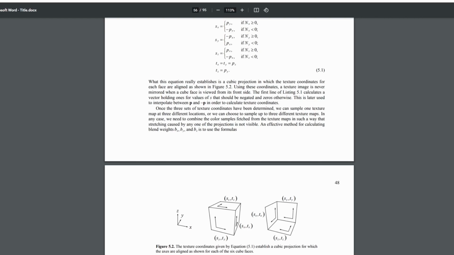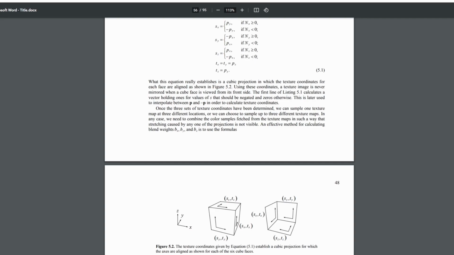The paper goes on to offer the solution of generating multiple sets of texture coordinates by projecting the vertex position onto multiple planes. This is a technique known as triplanar projection or box mapping. Triplanar projection generates three pairs of texture coordinates, SXTX, SYTY, SZTZ, and these coordinates are mapped to planar faces along a cube.